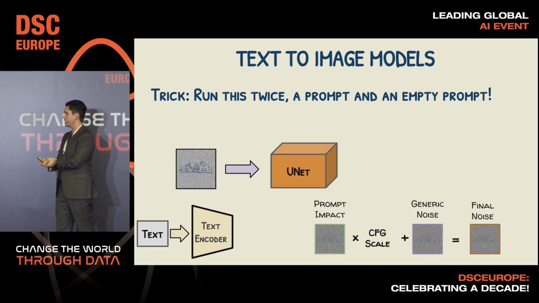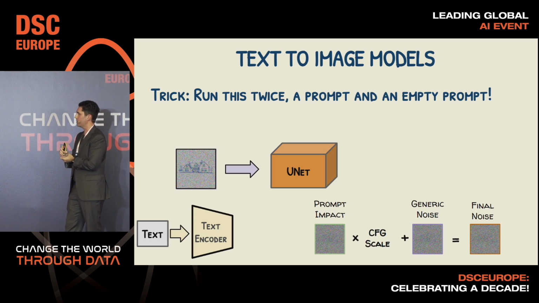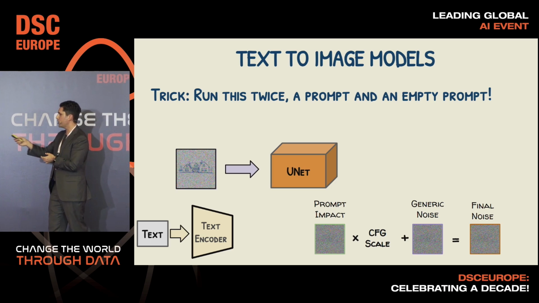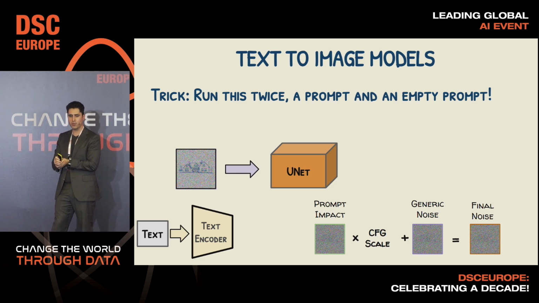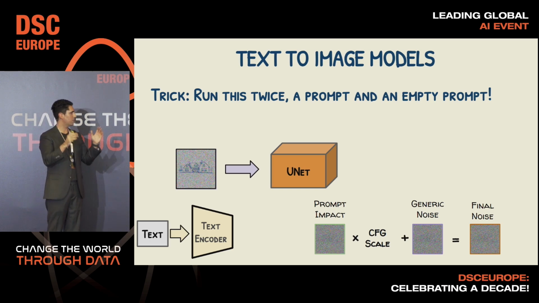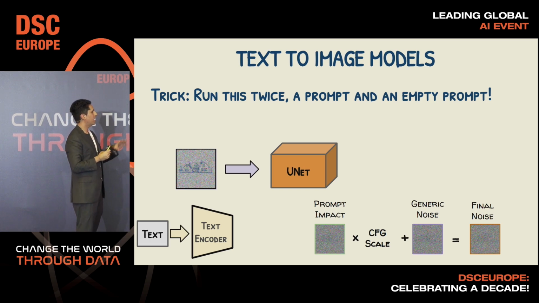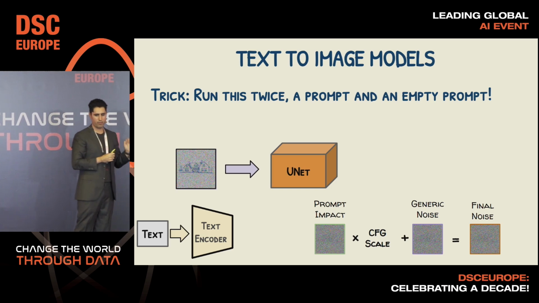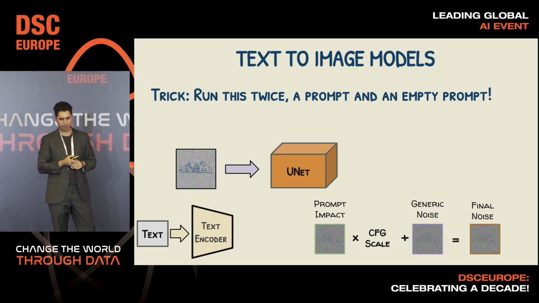So the final formula, so to speak, for this trick is you have this prompt impact noise that you just calculated, and it's up to you to multiply that by some sort of scale, then add back in that generic noise to produce a generic good quality image, and now you have the final noise that you will try to remove from the image that you've been creating.